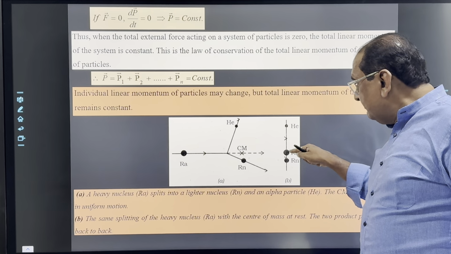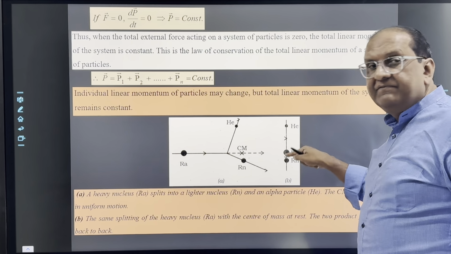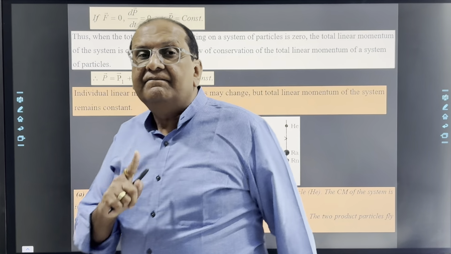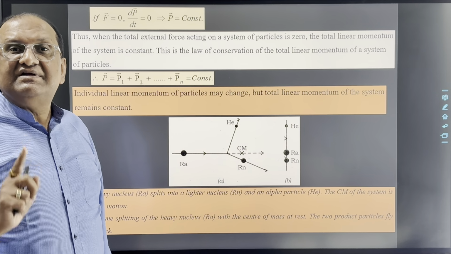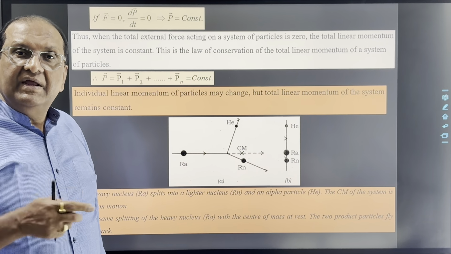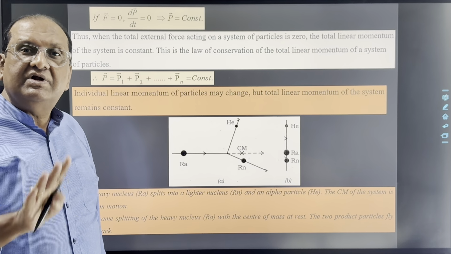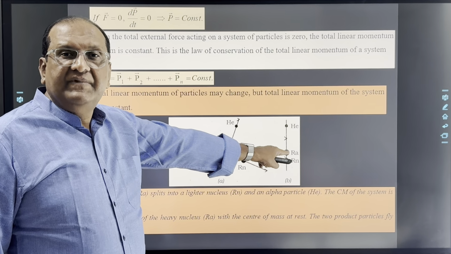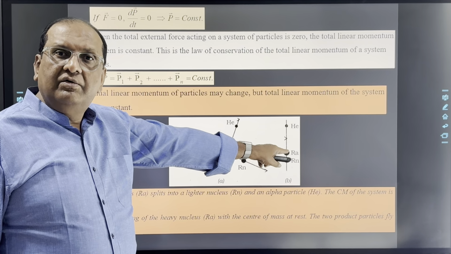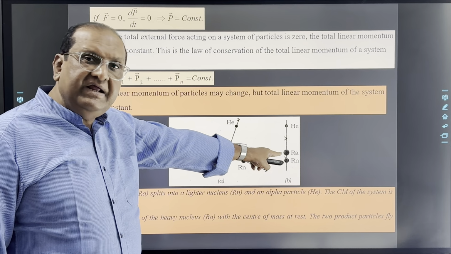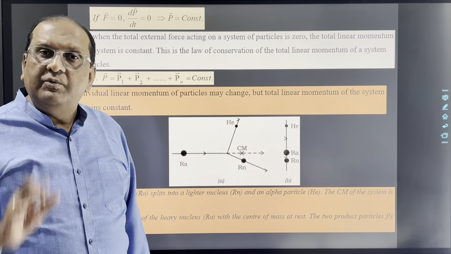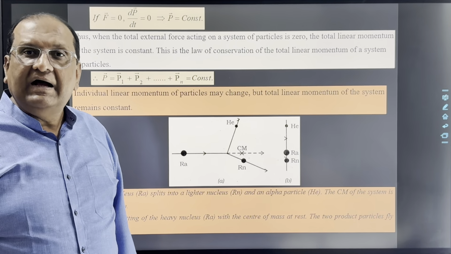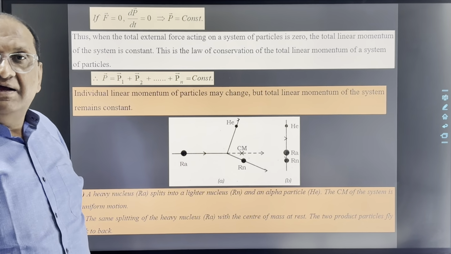But this change in the linear momentum of He and Rn will take place in such a way that the total linear momentum of the system will remain constant. Means before splitting and after splitting, total linear momentum will remain the same. And here the system is stationary, means acceleration is 0, right? So after splitting also, the center of mass will remain stationary for a system of these He and Rn, two constituent particles. Clear to all of you?